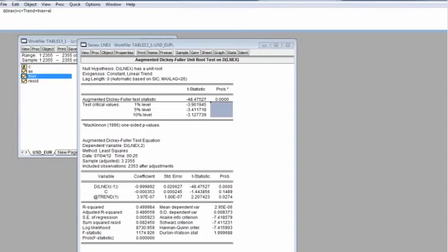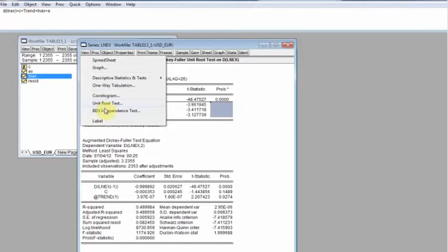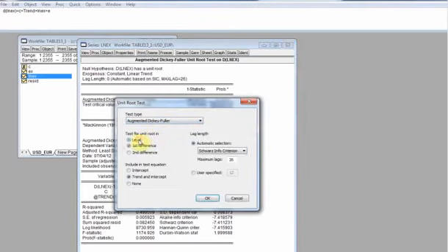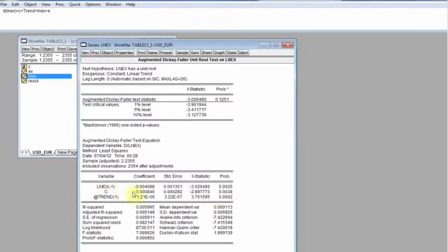This is the Augmented Dickey Fuller test model, the model itself, when we estimated this in levels. In other words, if you go back to the unit root test and keep it as levels and press OK, this is the equation I estimated basically here.